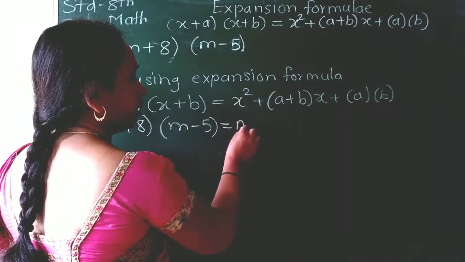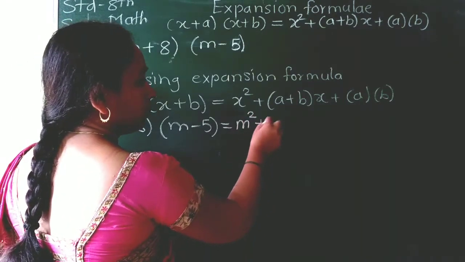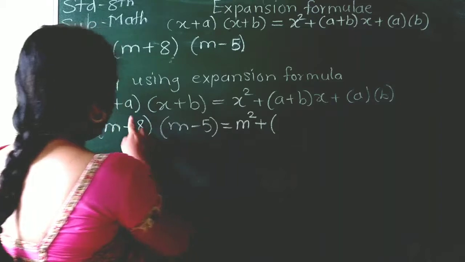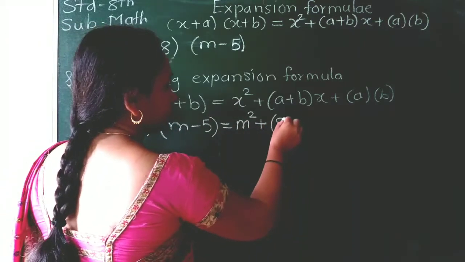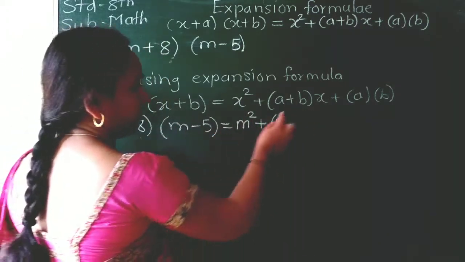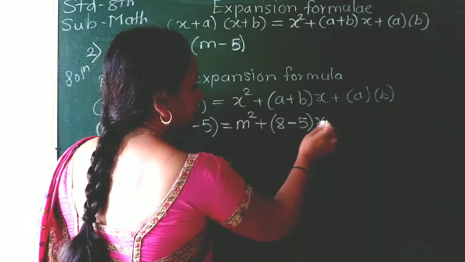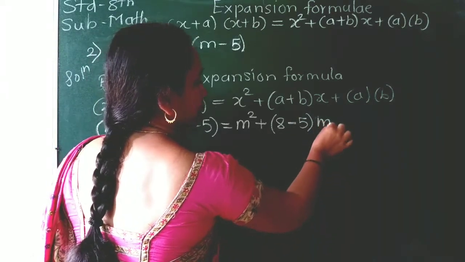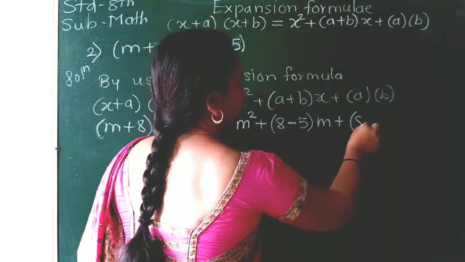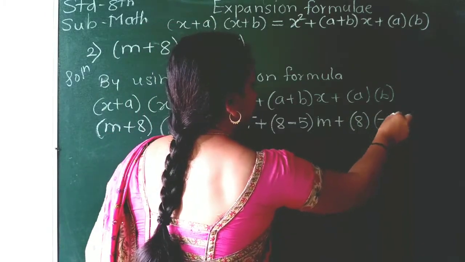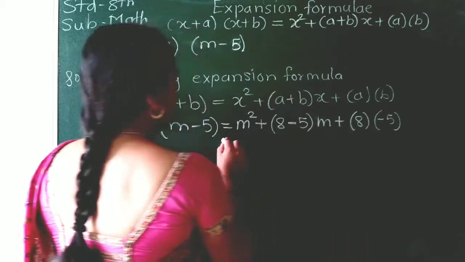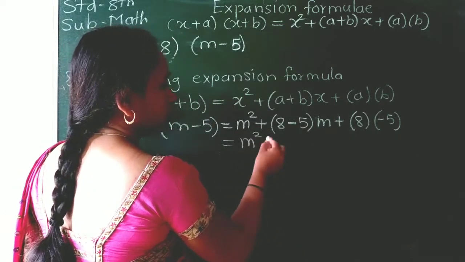So x I will replace with m: m² + (a + b)... a is 8 but b is minus 5, and this plus minus would be minus 5, into x, which should be replaced with m, plus 8 into b, which is minus 5. Here we will get m².